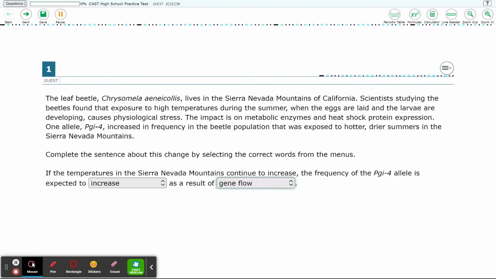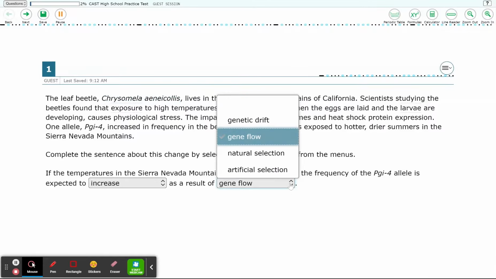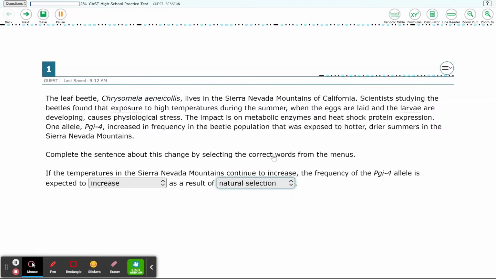Gene flow is the transfer of genetic material from one population to another. Well, since this is still occurring in Chrysomela aeneicollis and not some other population, some other kind of beetle or something, then this would not be gene flow because it's still within the same population.